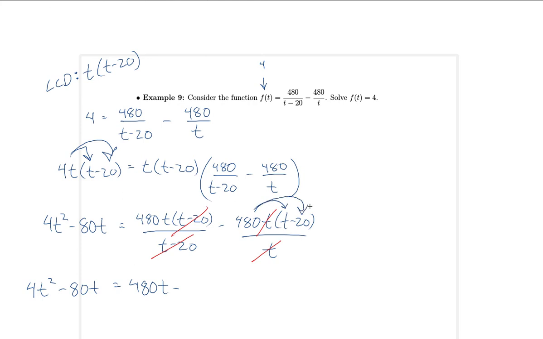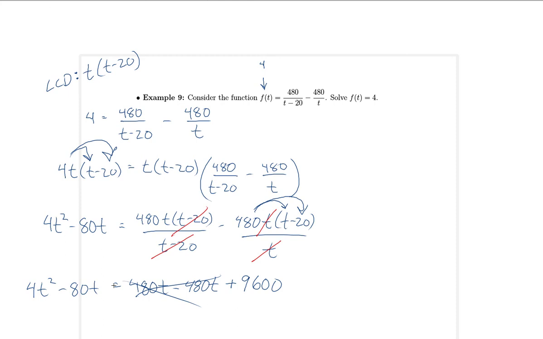So we're going to have minus 480t. Look at that, those cancel. That's kind of nice. And then 480 times 20 is going to give me plus 9,600, plus because it's negative 480 times negative 20. So of course these two just zap each other.